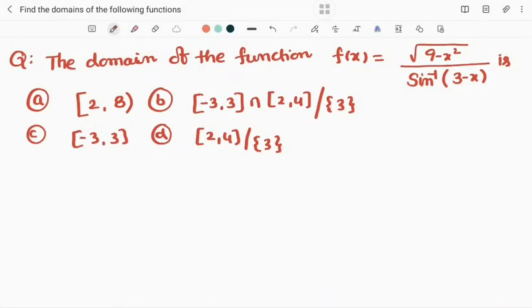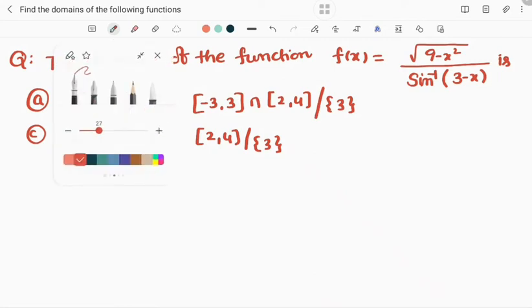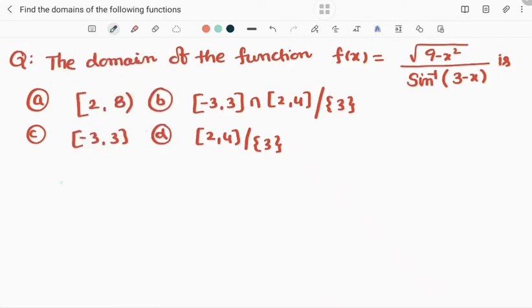The next question, the domain of the function f of x equal to root of 9 minus x square by sine inverse of 3 minus x. Here numerator and denominator, the combination of questions we have here. First we need to discuss about root 9 minus x square. We know that it is in the form of root f of x. Root f of x is defined for f of x is greater than or equal to 0.